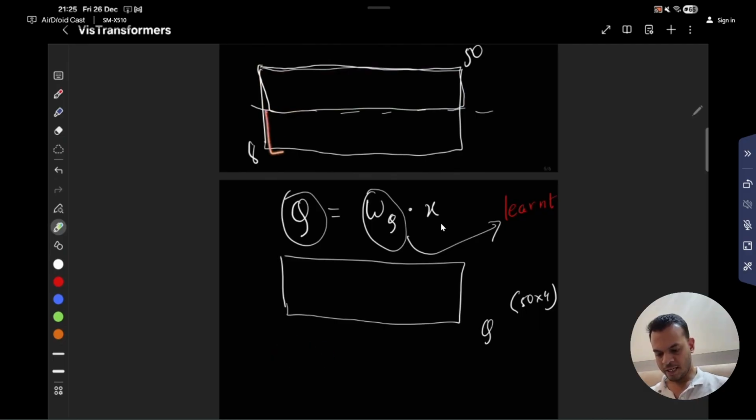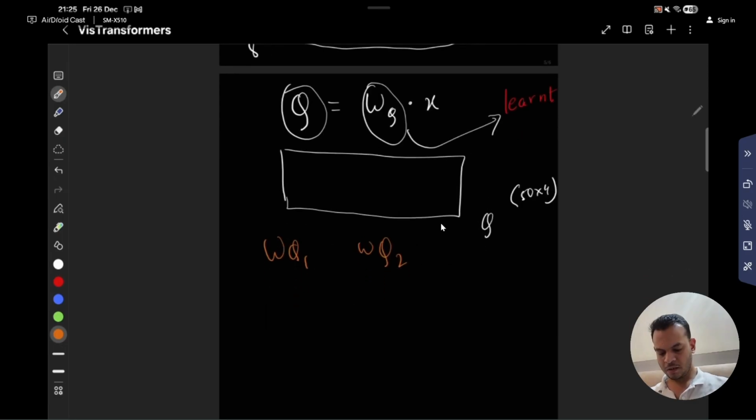Okay, and for the second iteration, when this data goes in, we will have a learning of WQ2. So basically we will have two matrices, each of size 50 cross 4, containing the learned parameters.